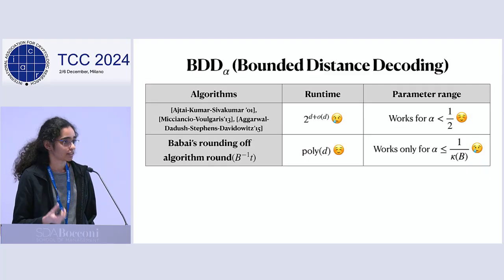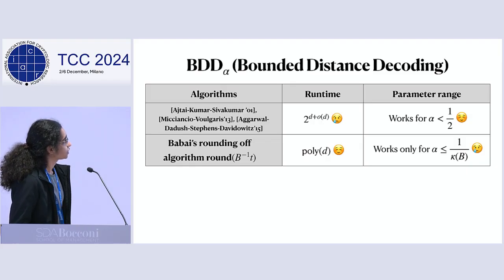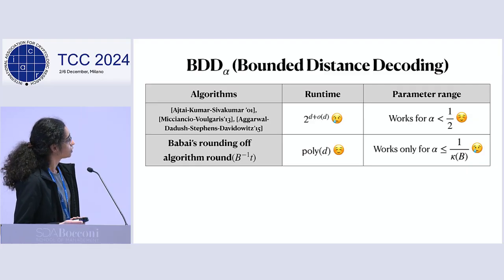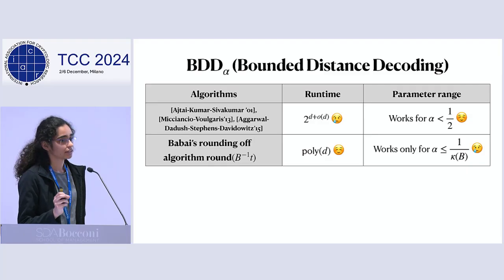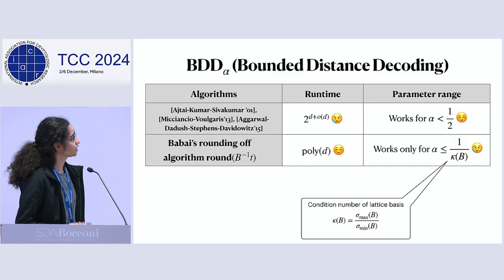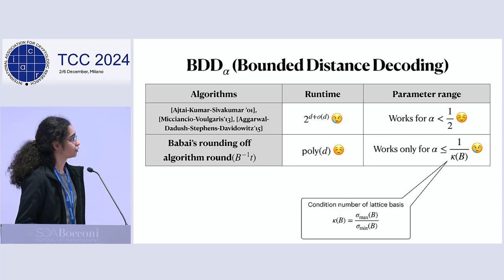Because you could get a lattice basis that is really bad. So in particular, the first thing you could think of doing is the Babai rounding off algorithm, where you round B inverse T to the nearest integer vector. This is efficient, but the downside is that it works only if alpha is bounded by 1 over the condition number of the lattice basis.